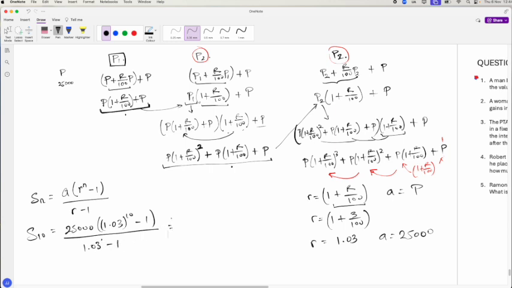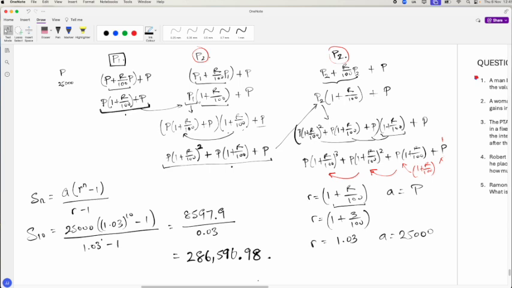So what do we have here now? 8597.9, and that's going to be divided by 0.03, because 1.03 minus 1. And so that final answer is 286,596.98.